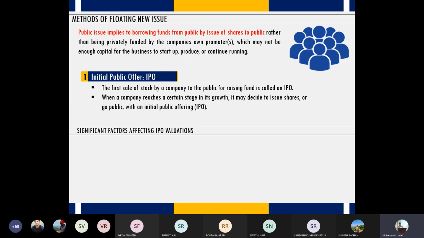So whenever companies issue shares to the public, you have to do some sort of an assessment to decide whether you should buy those shares or whether you should neglect. Certain critical factors should be examined to figure out whether to subscribe or whether to avoid.